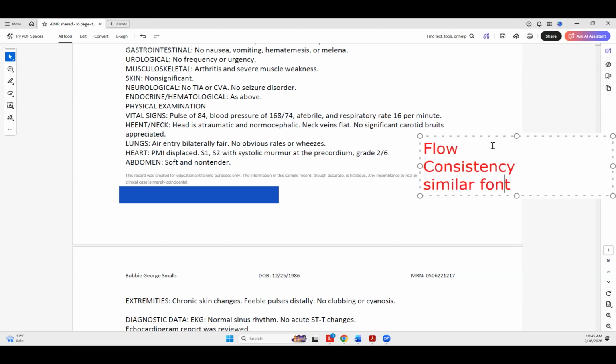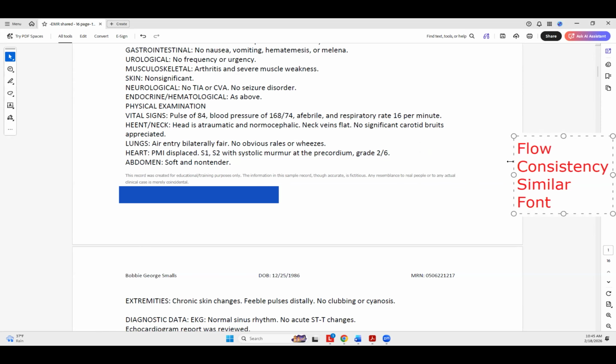I feel like someone is thinking, I don't want to listen no more. So let me ask you this question. Let's just say you're reviewing this medical record, and while you're reviewing it, you see that a page was faxed in from the hospital.